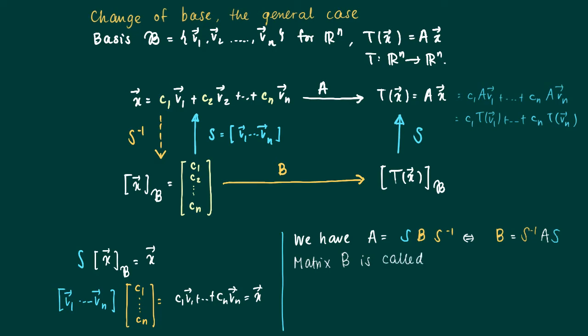Well, you may question why we would pick a new matrix B or define a new set of vectors v1 to vn. Well, sometimes it's very instructive to see that this B can actually be made very simple. It may take a diagonal form.